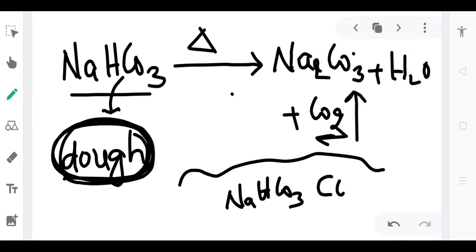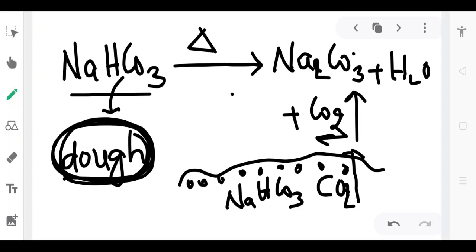Through this dough the carbon dioxide will come out. When gas comes through a paste-like material, pores, meaning small holes, are created, so the cake or bread becomes like a sponge.